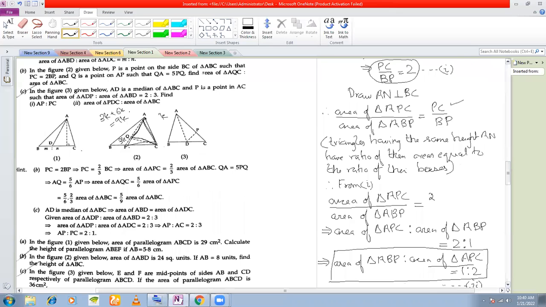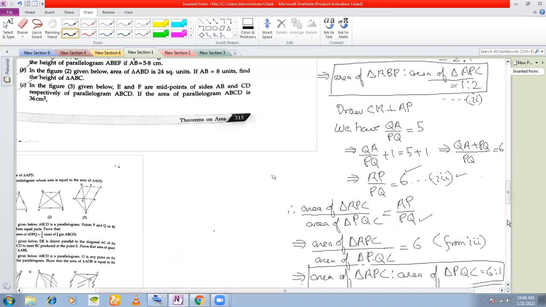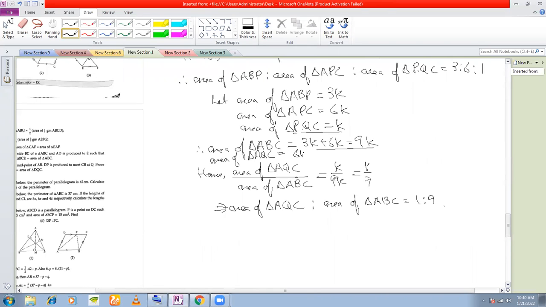So this entire area is, I think, 6K, right? And this area is K. So this area should be 5K, 6K minus K. Right? So now the ratio of the areas will become 5K by 9K. So this is 5 by 9. The ratio of the areas will be 5:9. Fine. So that was a small error there. So I'll stop here now.